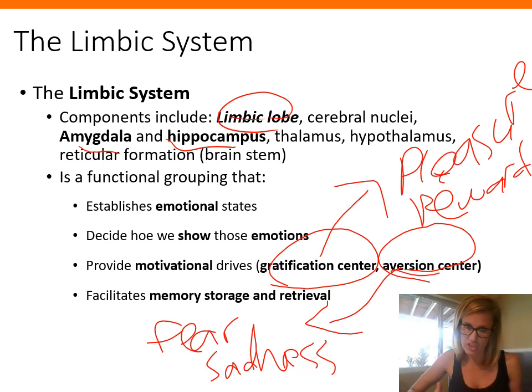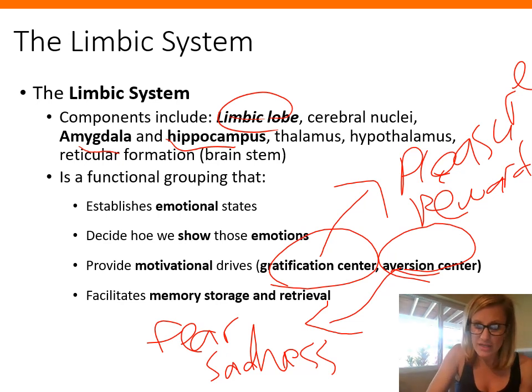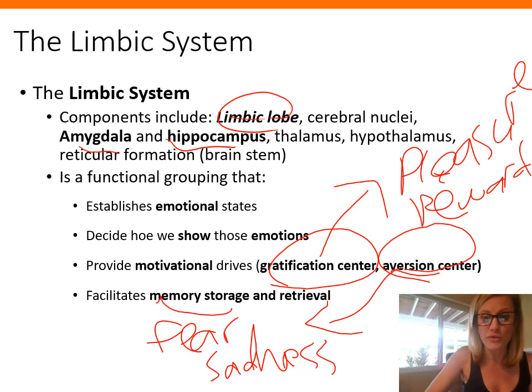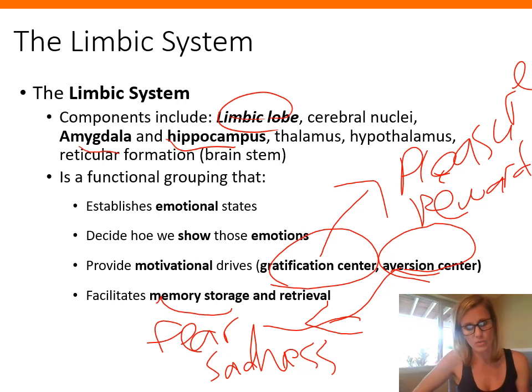Hence, it's called aversion. You avert from whatever it is that caused those feelings to occur. Again, I mentioned before that the limbic system is also involved in memory, right? So how we store our memories and then also how we retrieve them at a later date, which we'll talk about in a minute.